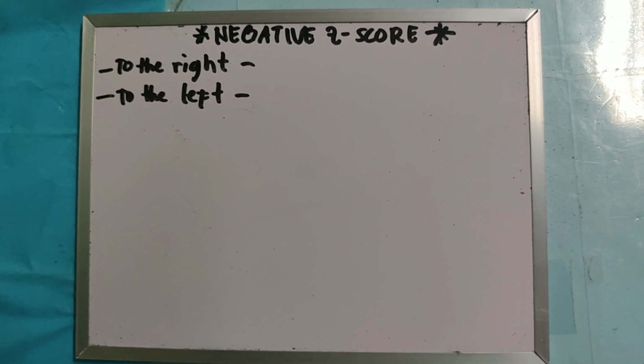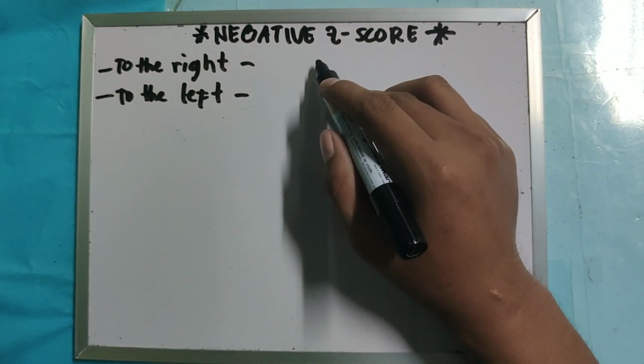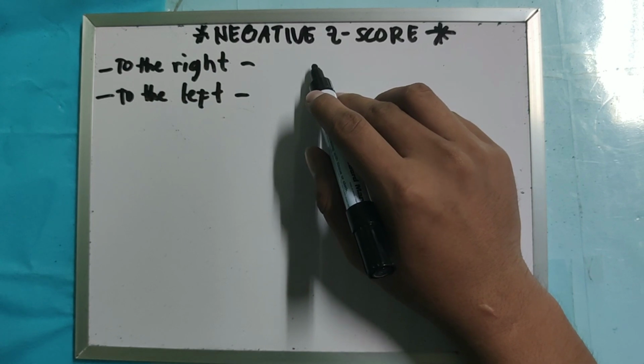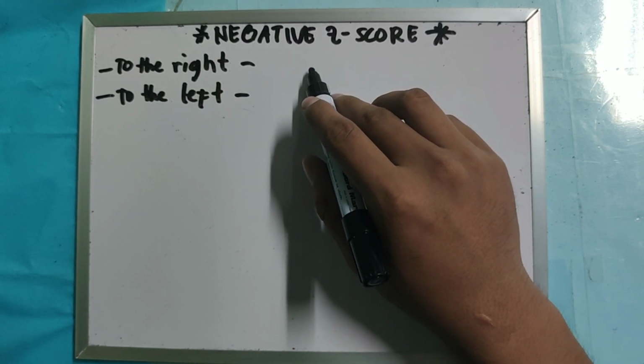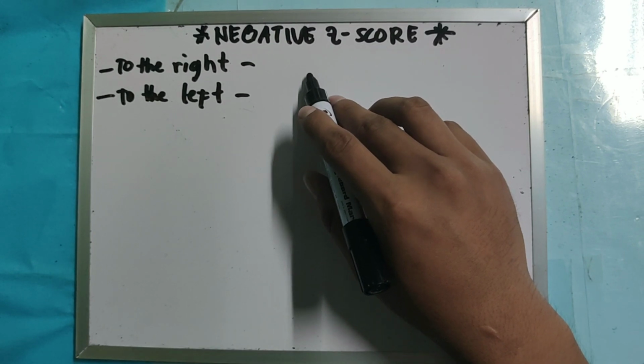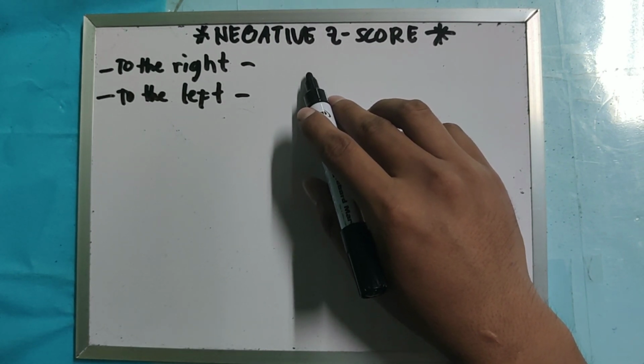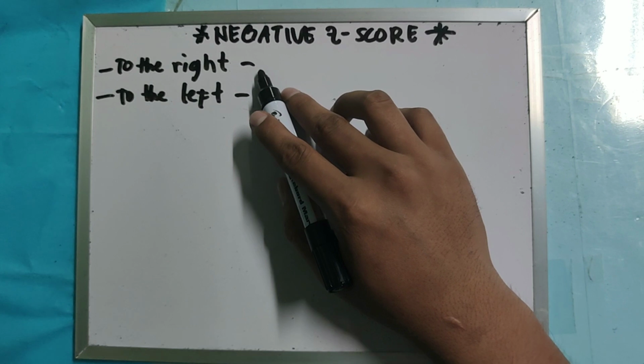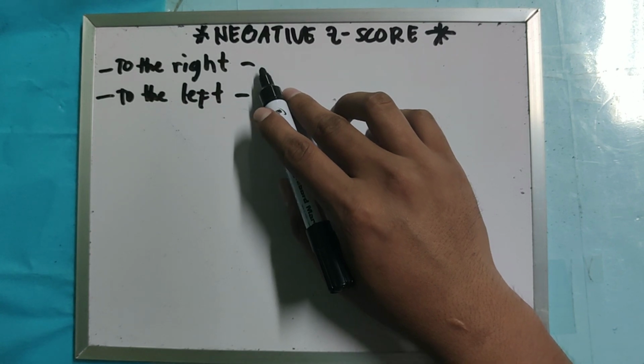This time naman, let us discuss how to find the area to the right or left of a negative z-score. And to do this, we have to consider the following rules. Okay? Let A be the area. So, if the required area is to the right of a negative z-score, anong gagawin natin?